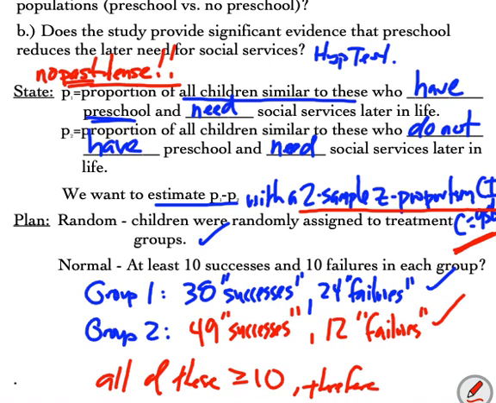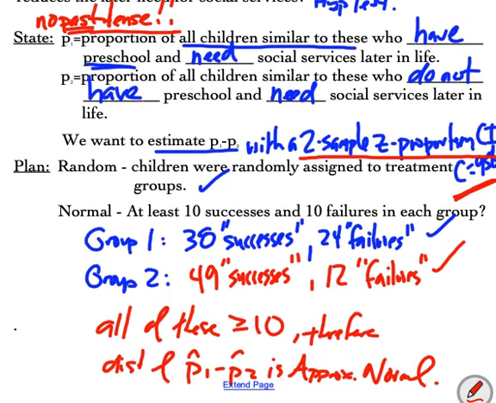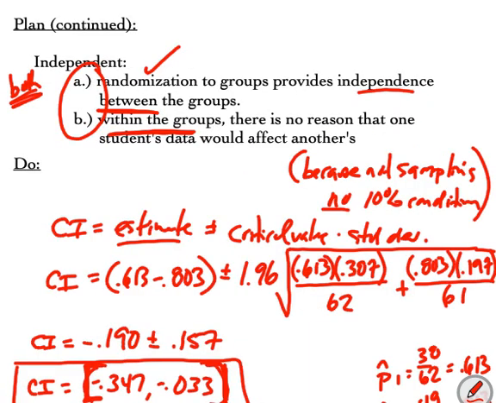We checked our conditions here: at least 10 successes and at least 10 failures in each group. Since that's the case, the sampling distribution is approximately normal. And then we looked at independence. We talked about how this was not really sampling, so we didn't have to check that 10% condition.